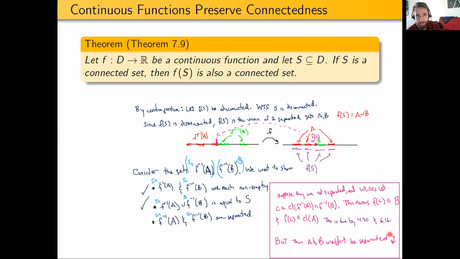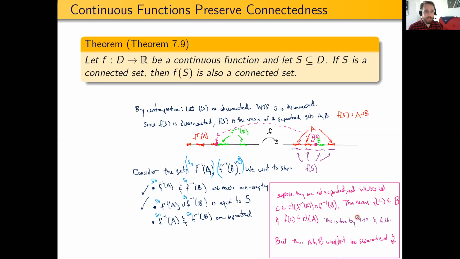So the final question is, why is this true? Why is f of C in the closure of A just because C was in the closure of the preimage of A? Well, this is true by corollary 4.30 and theorem 6.16. Now, theorem 6.16 is the sequential criterion for continuity, and that relates continuous functions to results about sequences.